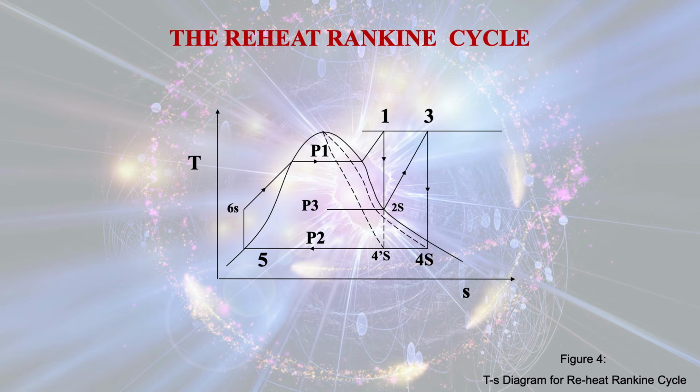So in this case you see that in the first stage, that is the high pressure turbine, the work done by the turbine is equal to H1 minus H2S.